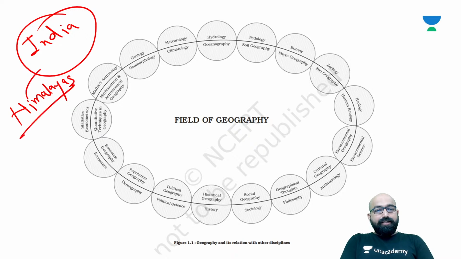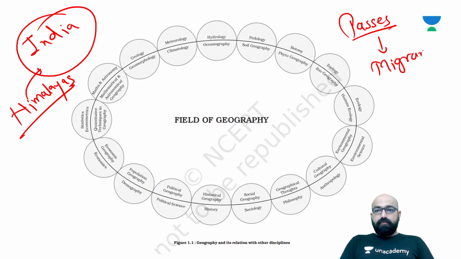Here is the example where the Himalayas acted as great barriers and provided protection, but the passes provided routes to migrants and invaders from Central Asia.